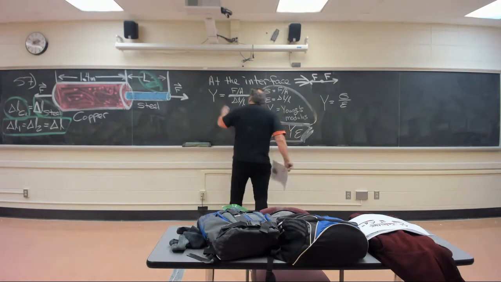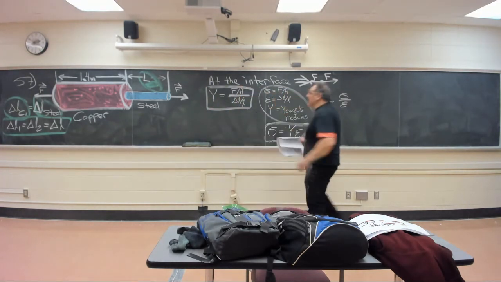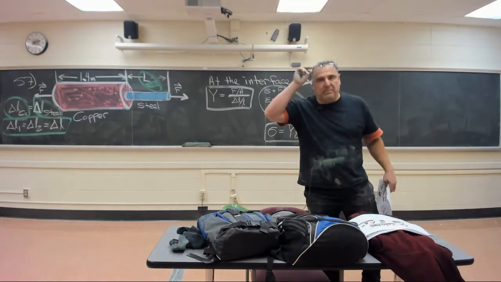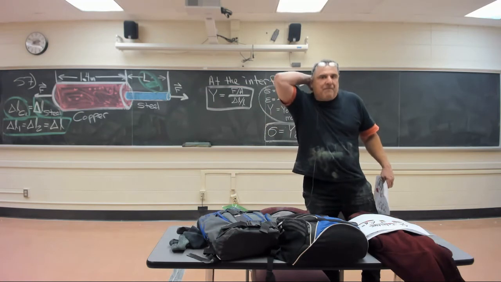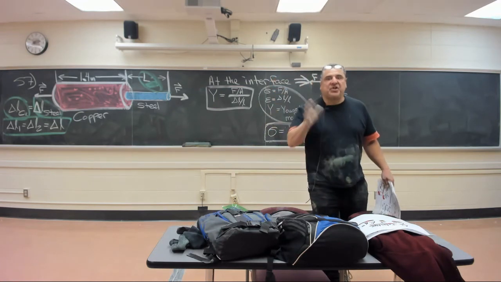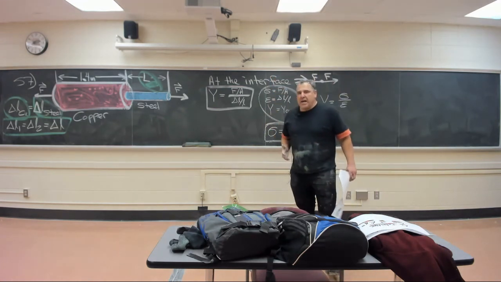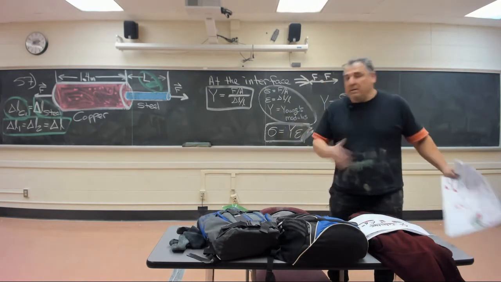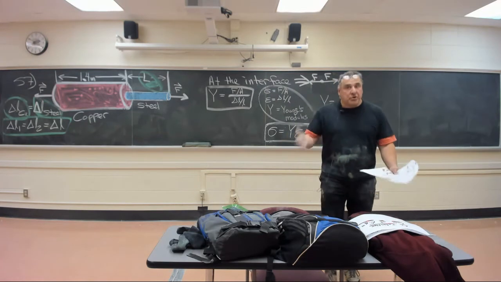This is all true. Let's keep it here because everybody's there. I'm explicitly seeing the potential variables. I'm not taking the shorthand of sigma is F over A, epsilon is delta L over L, and Y is equal to Y. Certainly it's good to know that. We should know that.